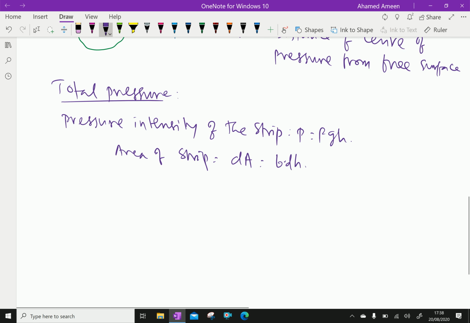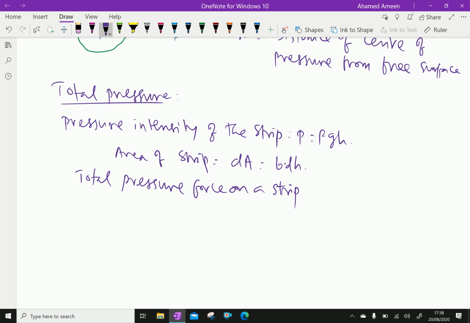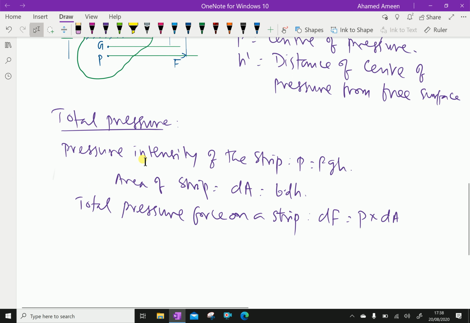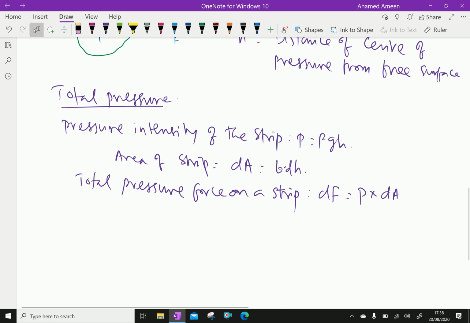Therefore, the total pressure force on a strip, dF, is the pressure intensity P into the area delta A. Here the total pressure on a strip is the pressure intensity on the strip into the area of that strip.